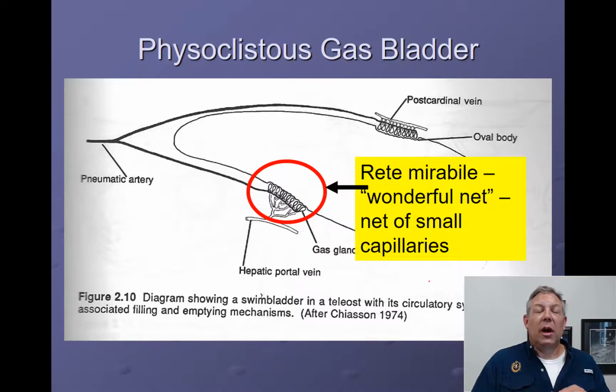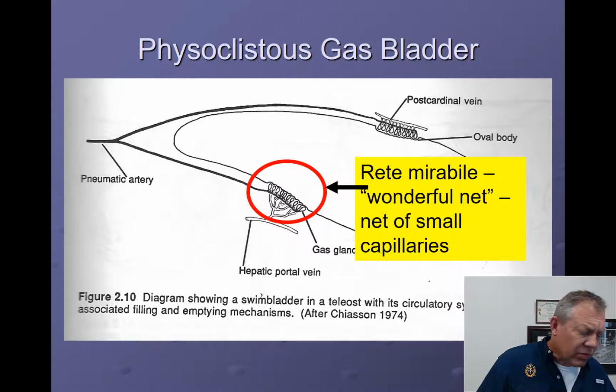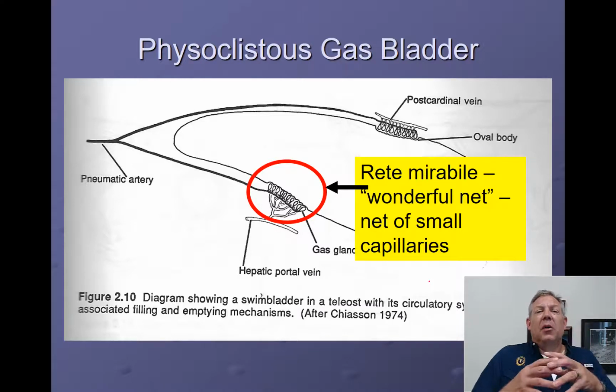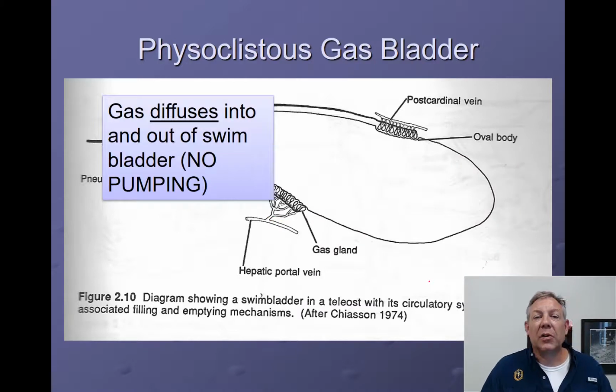And these are going to turn up in several different places within a fish, and you can see them in other animals too. That means wonderful net. And so it's a net of very small, very fine capillaries, which is designed for gas exchange. And we'll talk about this in detail, how the fish does this later on.